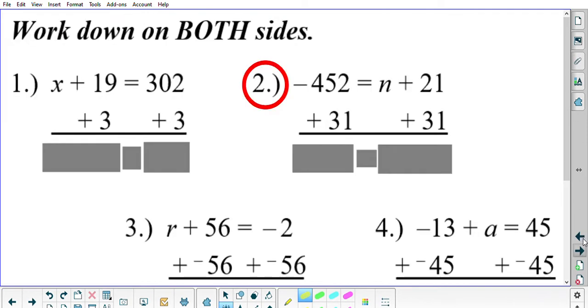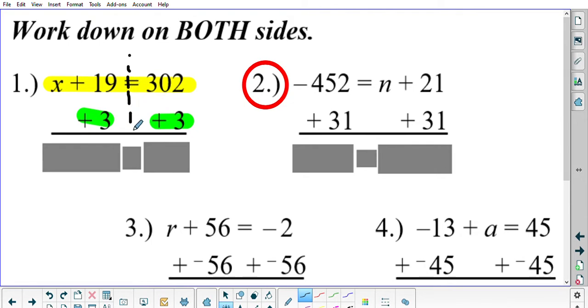And so what I've done on your guided notes is I've taken an equation such as x plus 19 equals 306, okay? And I've decided to just totally randomly do whatever I wanted to on both sides. So here I added 3 on the left side, and I added 3 on the right side. Notice I'm doing the same thing to both sides. And again, when I say both sides, what separates the left from the right side is the equal sign.